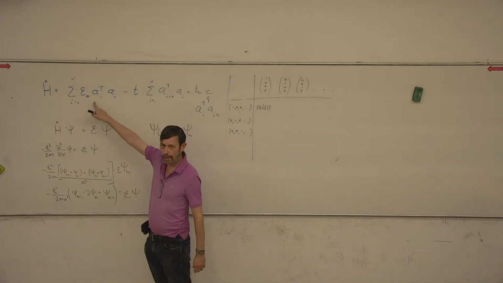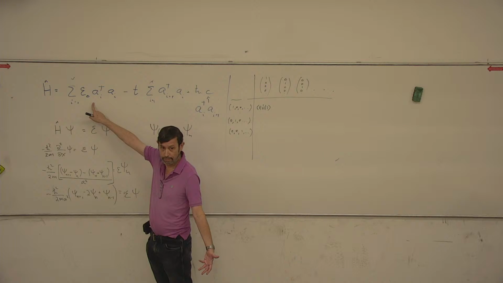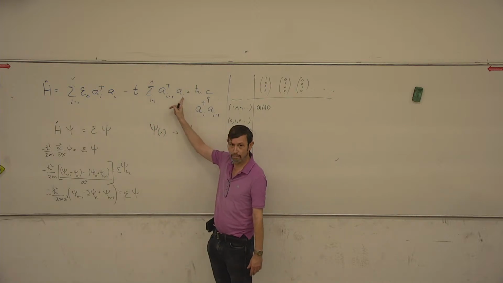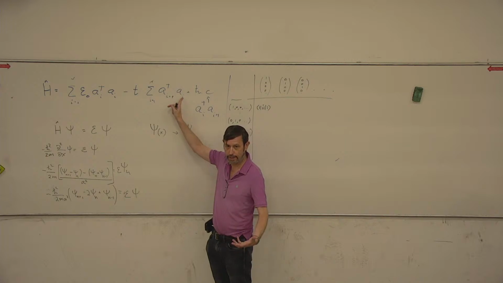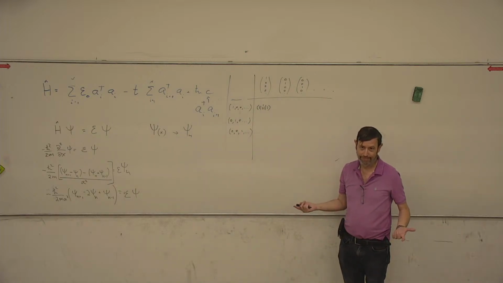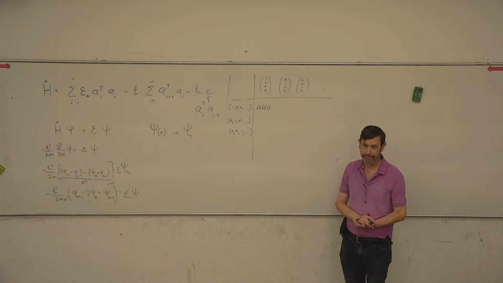And look what's happening here. This will give me 0, right? This won't contribute, because if I'm destroying, let's say, something on 1 and creating it on 2, it's not 1, 1. The first is diagonal and the second is off diagonal.